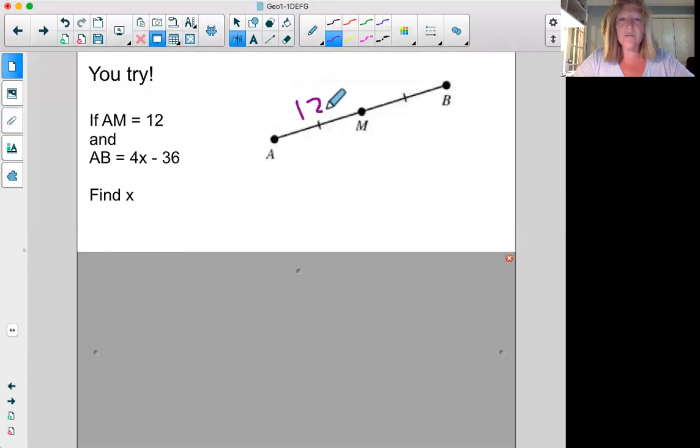Because this segment is congruent to this, their measurements are the same. So I know that has to also be 12, which means the whole segment, using segment addition postulate, part plus part equals the whole, AB has to be 24.